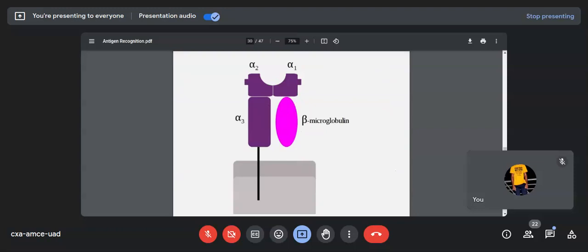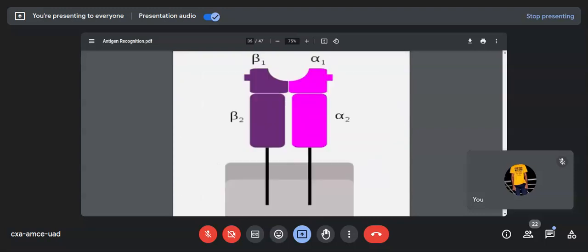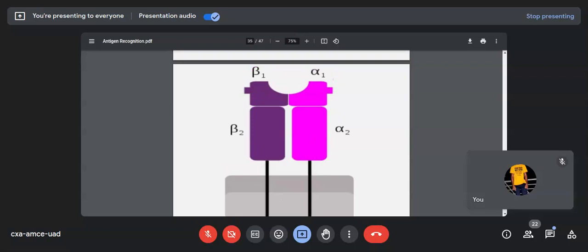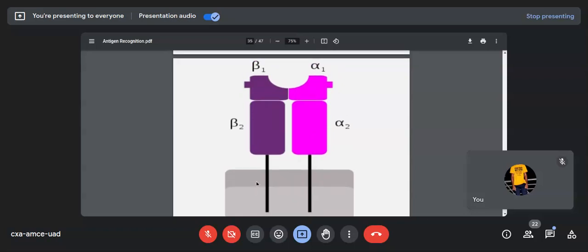So MHC class 1 has one transmembrane, 1 for 1. But when you go this side, MHC class 2, 2 for 2, it has two transmembrane proteins. That's not the reason why it's called class 2, but that's a mnemonic for me. So take note of that.